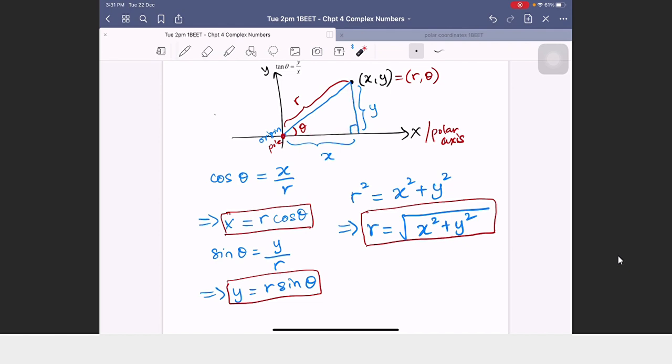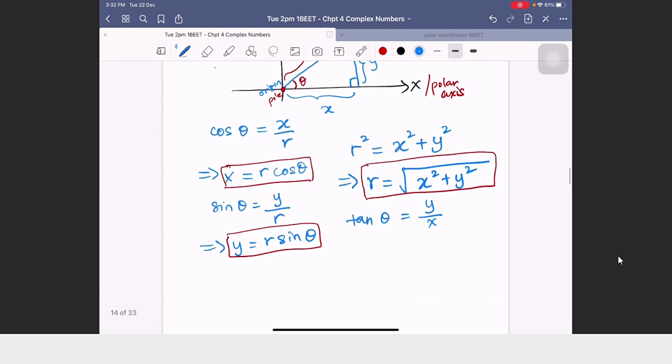So you have a trigonometric ratio in which tangent theta is y over x, opposite over adjacent.